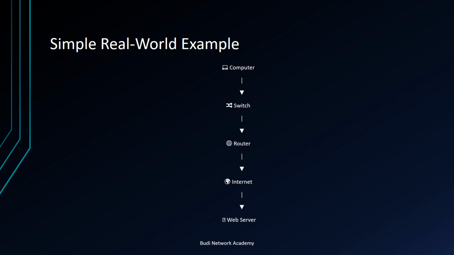At layer 4, protocols such as TCP or UDP handle transport between applications, and at the upper layers, the application data is prepared and used by the application you are working with. So the OSI model gives us a way to understand what's happening at different stages of network communication.